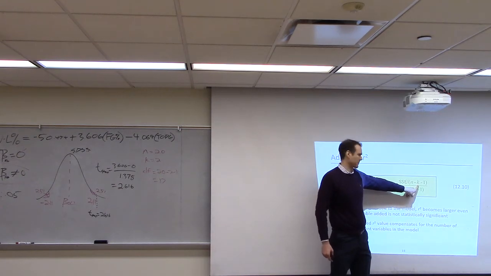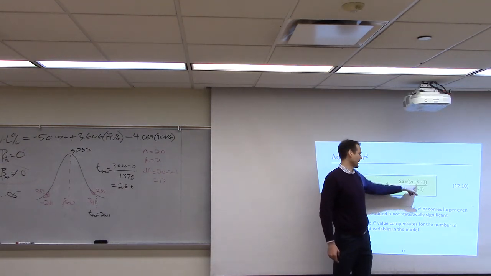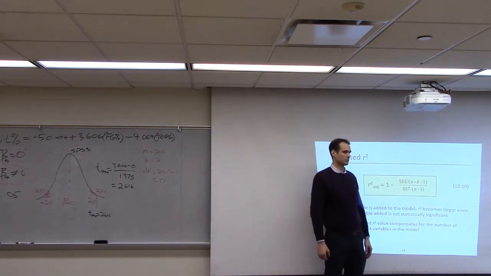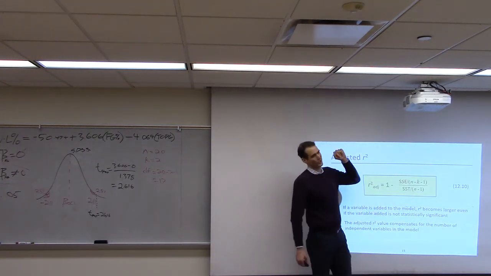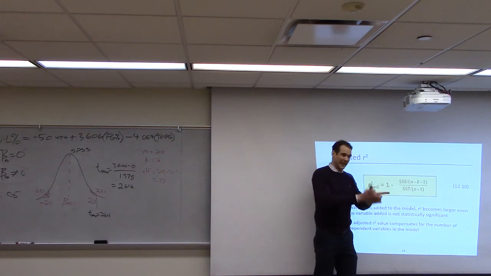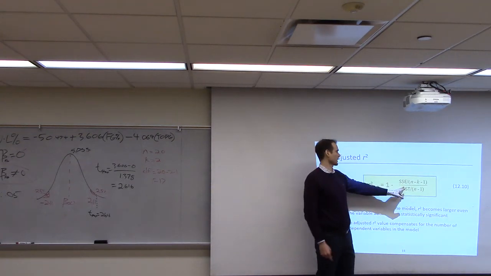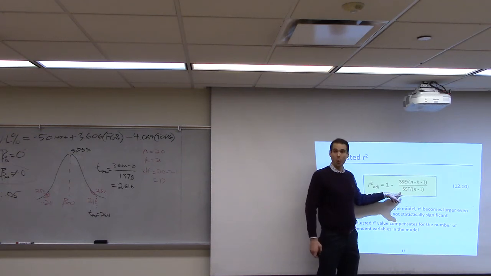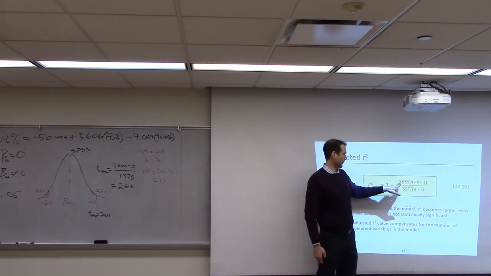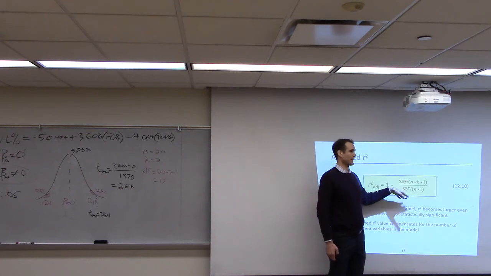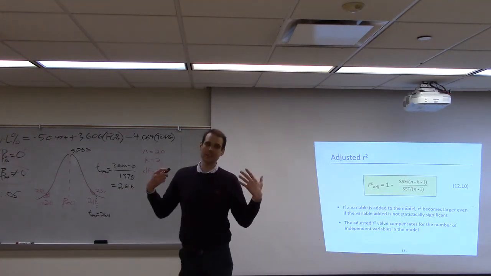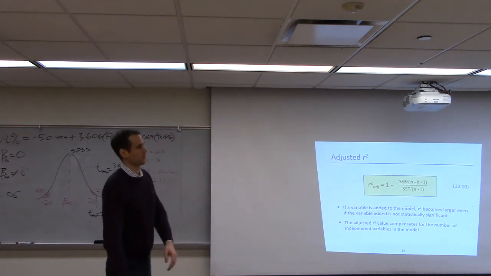It's in a spot mathematically where if you add more K, this number will get bigger, which will make this number smaller, which makes the total adjusted R-squared go down, unless that particular independent variable has a strong effect in explaining more of the variation. That's why we have the sum of squares error and sum of squares total in this equation. So you add more variables unnecessarily, adjusted R-squared goes down.